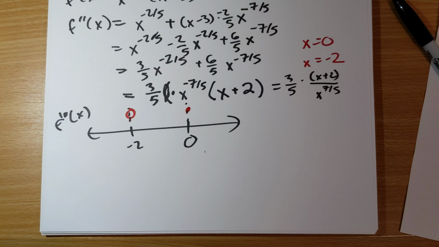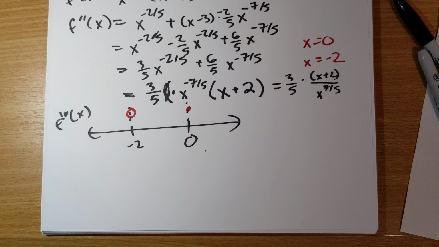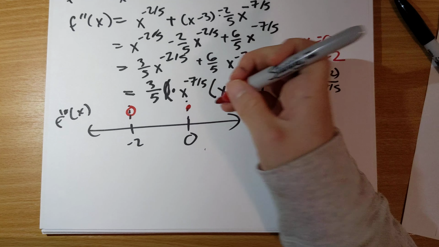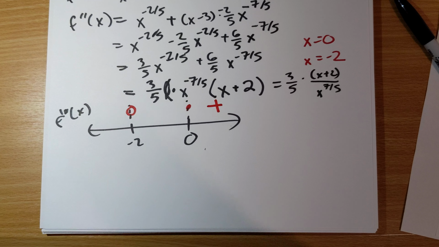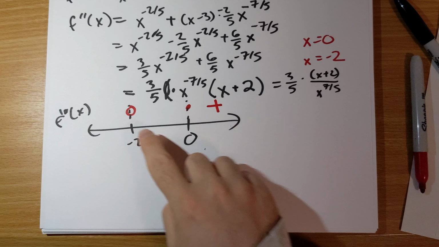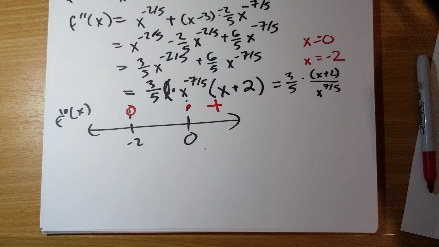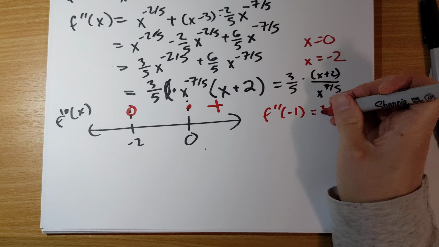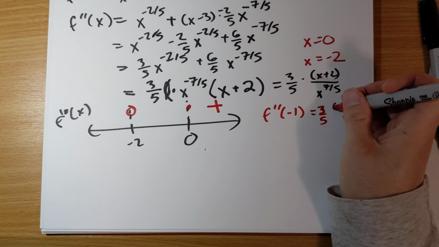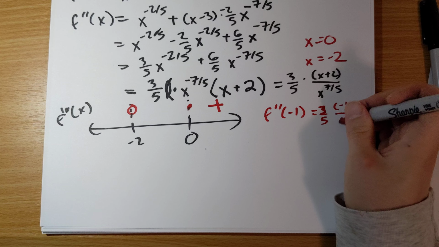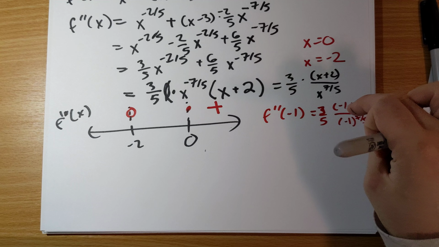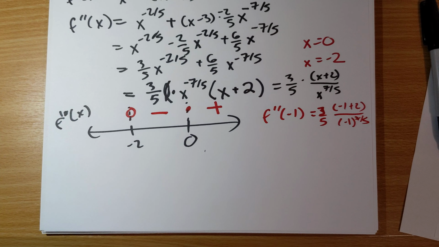So f double prime of x is 0 at negative 2, and undefined at 0. If x is bigger than 0, positive over positive is positive. If x is between negative 2 and 0, like f double prime of negative 1, 3/5 times negative 1 plus 2 over negative 1 to the 7/5, this is going to end up being negative.